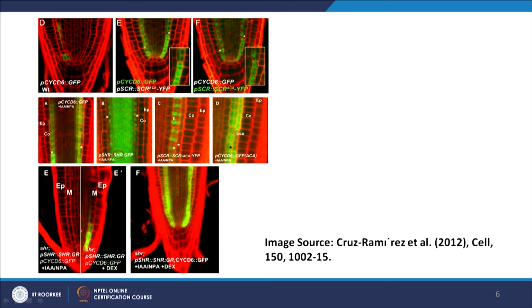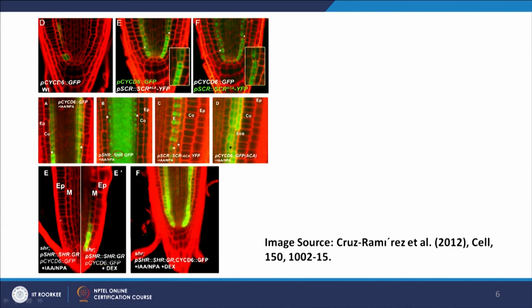If you recall, in one of our classes we discussed that a glucocorticoid receptor fusion to a transcription factor makes it inducible, in a way that when you treat with dexamethasone, then and only then this protein will enter the nucleus and do its function. But if you do not induce, the protein is there, but it cannot go inside the nucleus, and since it is a transcription factor, if it does not enter the nucleus, it will not perform the function.